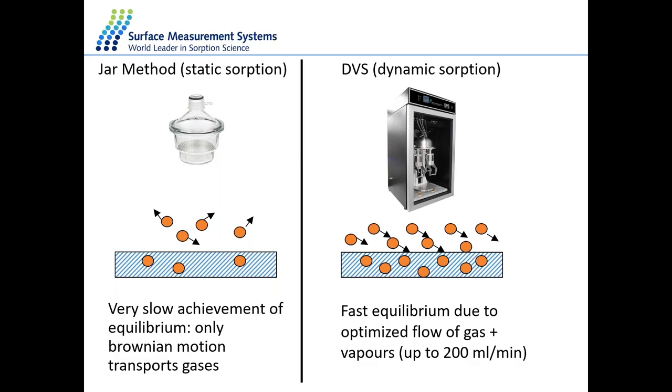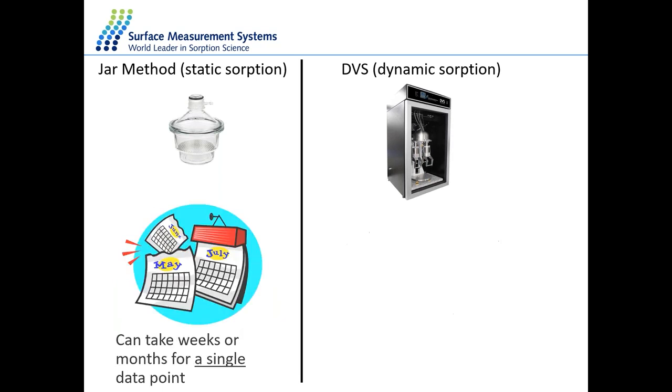In this case, we are using nitrogen or air in a flow that is usually 200 milliliters per minute at 25 degrees C. So the equilibrium conditions are pushed forward not only by the diffusion process, but also by the constant flow of carrier gas on top of the sample itself.